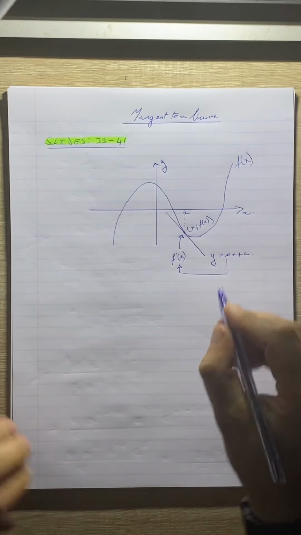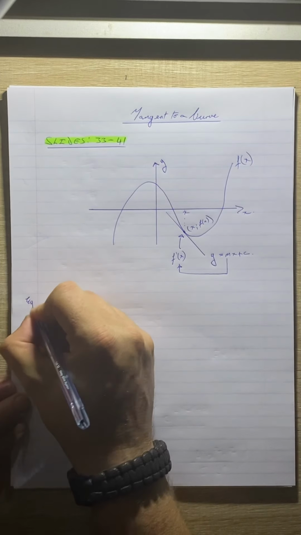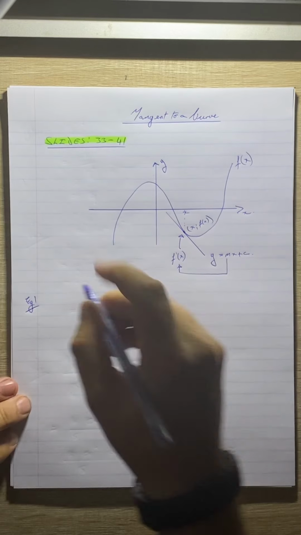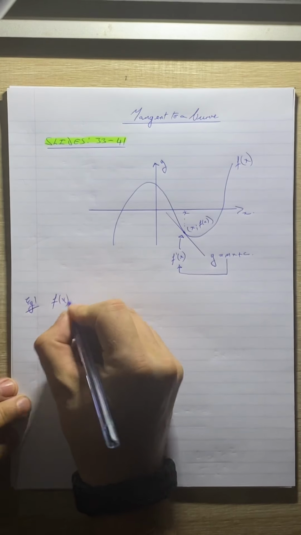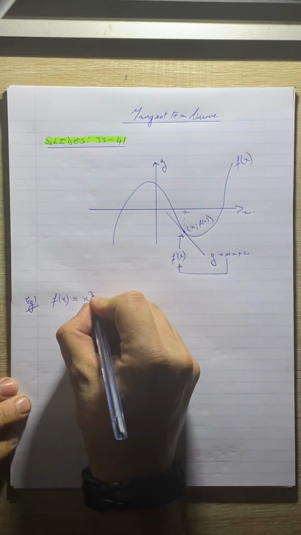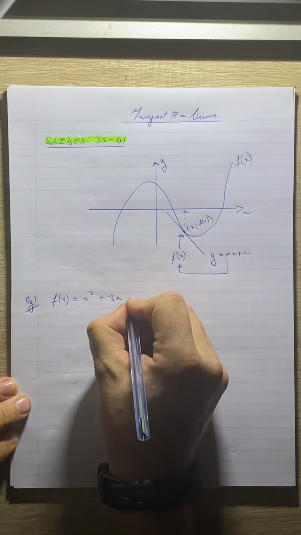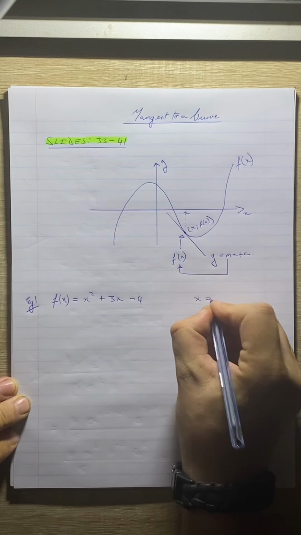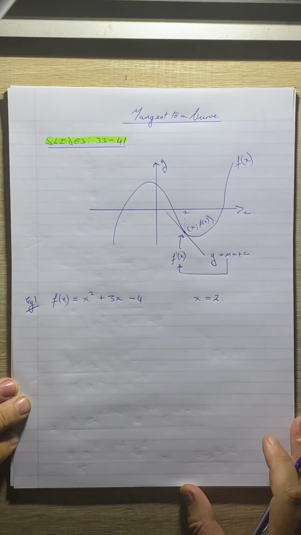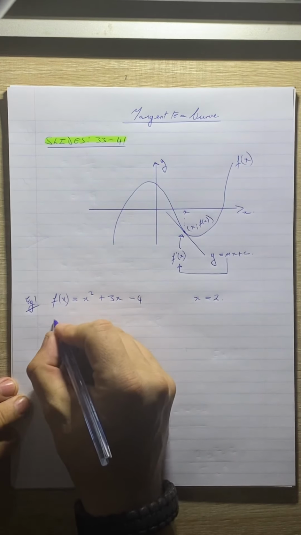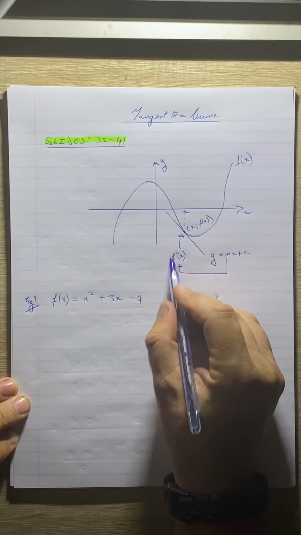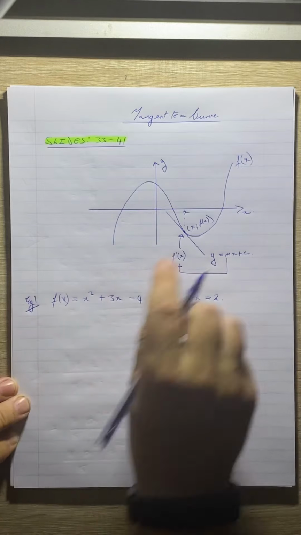Okay, so I'm going to go through an example so you can see what's going on here. So example 1 from your notes, it's saying, determine the equation of the tangent to the curve f of x is equal to x squared plus 3x minus 4 at the point where x is equal to 2. Okay, so the first thing I need to do is find my derivative. To find the derivative, we'll find the gradient at a point.